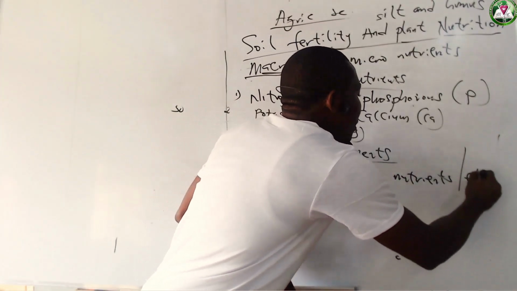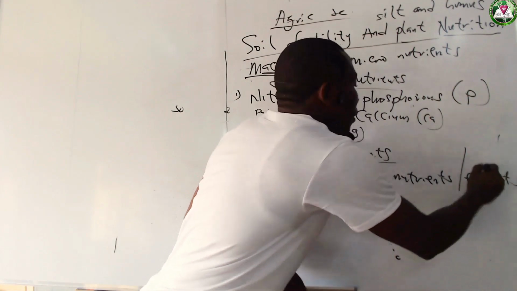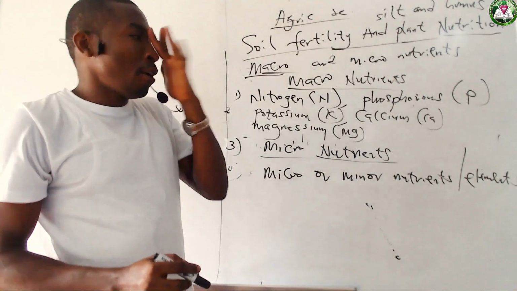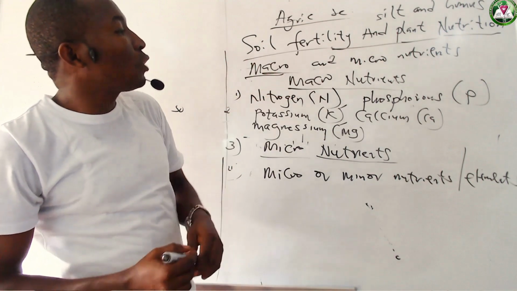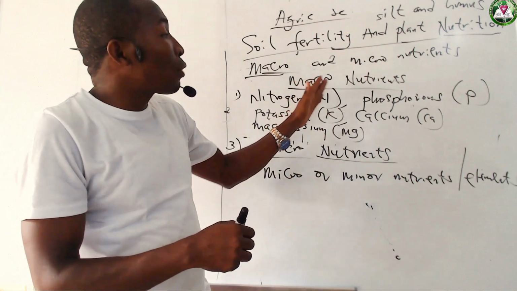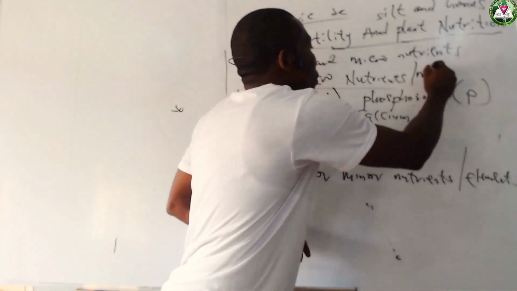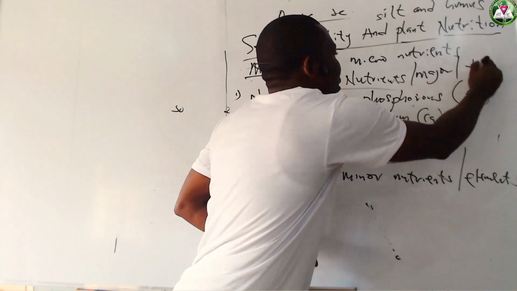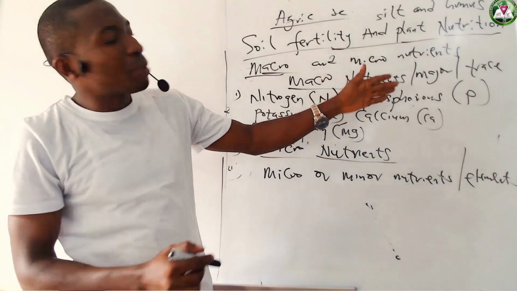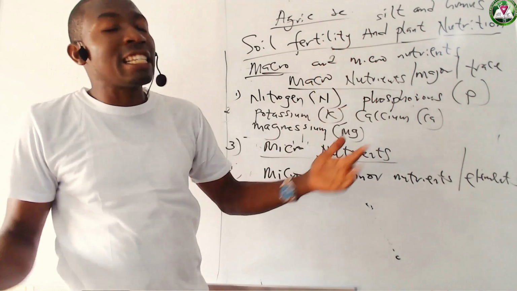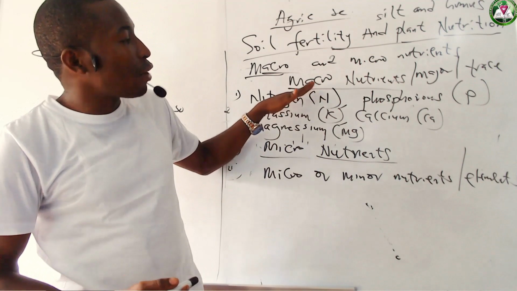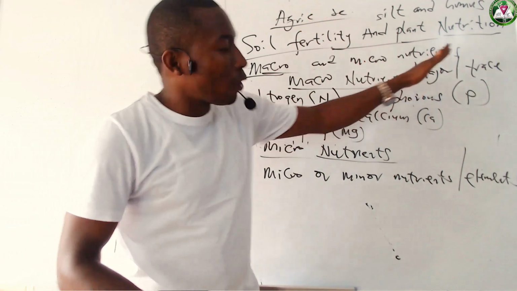As for the macronutrients, either you call them major nutrients, macronutrients, or trace elements. They are needed by our crops in larger quantities, of which their deficiencies are very, very noticeable to the crops. I've highlighted the examples of macronutrients. So you call it macro, major, or trace.